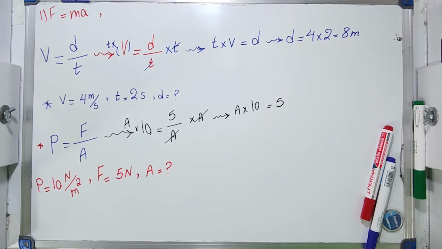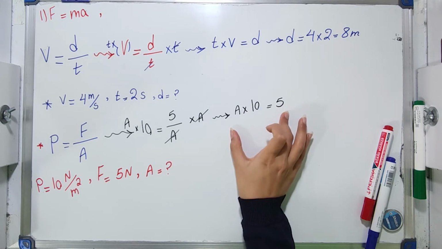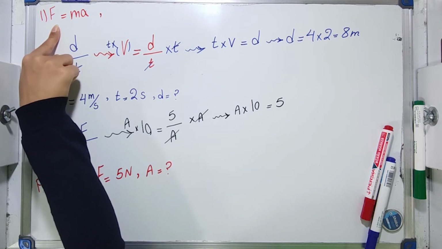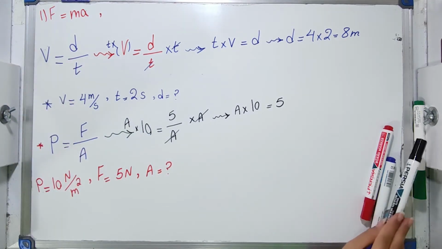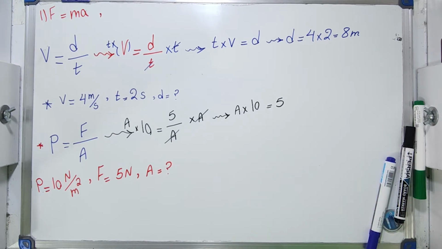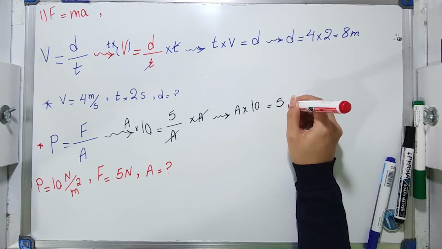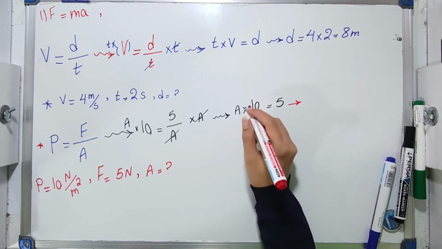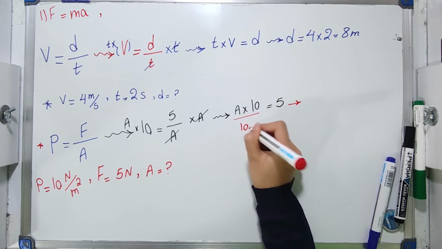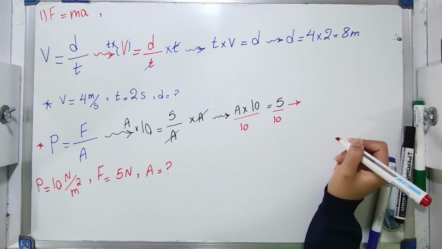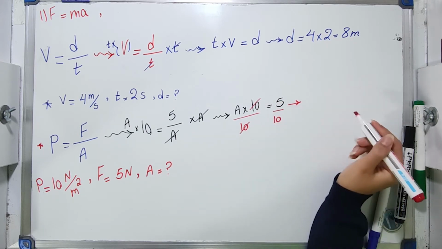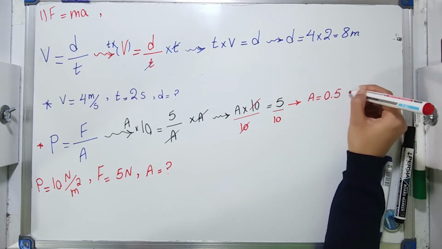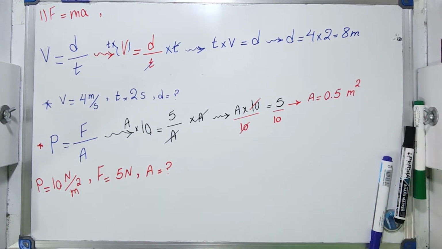So now this one is changed to an equation that is like the first equation we have solved. So I have to do another step, and next step will be, here is multiplication. I want to make area alone, so I divide both sides by 10 because I want to cancel the number, and so area will be equal to half square meters.